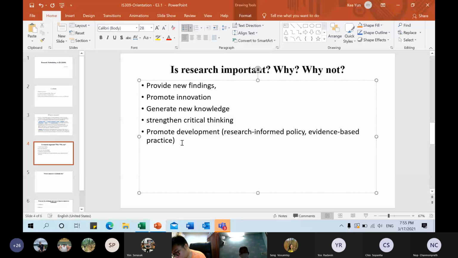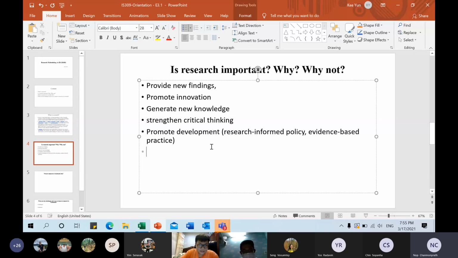Anything else? Sure, I want to add. Pardon? I want to add one more point. Please, go ahead. After your explanations, I come up with one more point, which is research is very important because it can find answers to the things that are unknown. Answers to the things unknown. Yes. You mean new discovery?